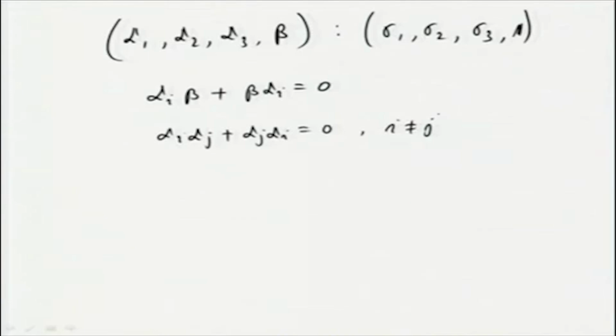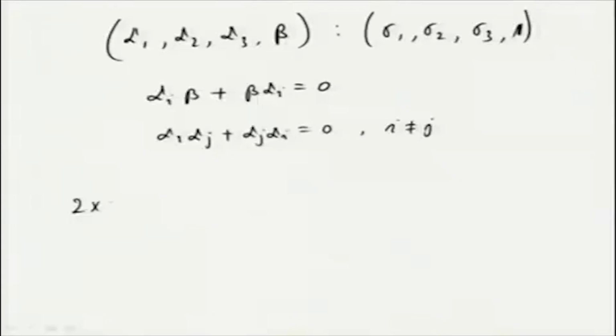All of them anti-commute with all the others, but in the set we have, along with the Pauli matrices, a unit matrix, and that commutes with everything. So, we cannot have 4 linearly independent matrices which anti-commute with each other in case of 2 by 2 matrices.